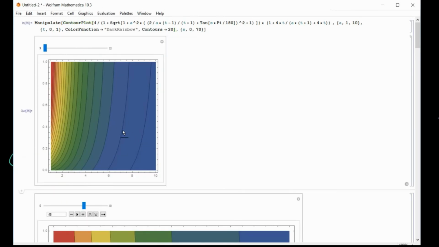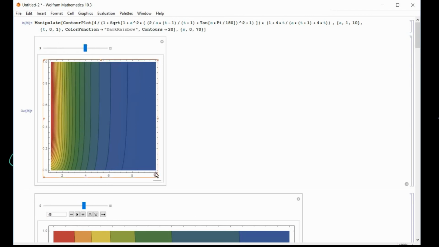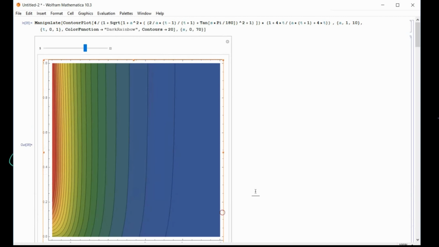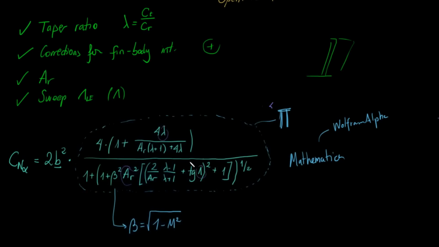Well, not that bad. Oh, interesting. Mathematica is nice to play around with. 0.3. It's a very nice tool to have, because if not, what could you conclude out of here? There's just a bunch of terms dividing, square, tangent, whatever. It would be hard to draw conclusions out of there.